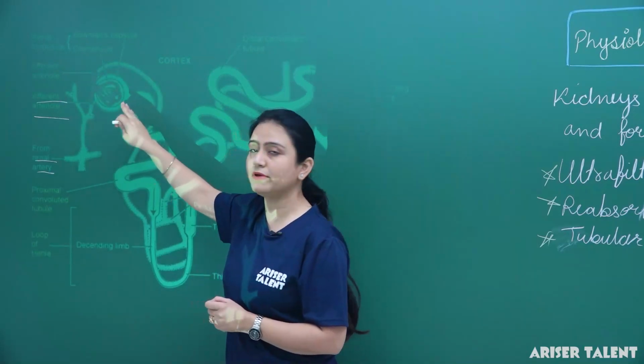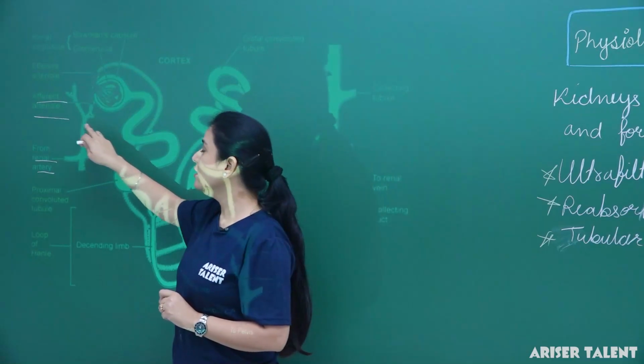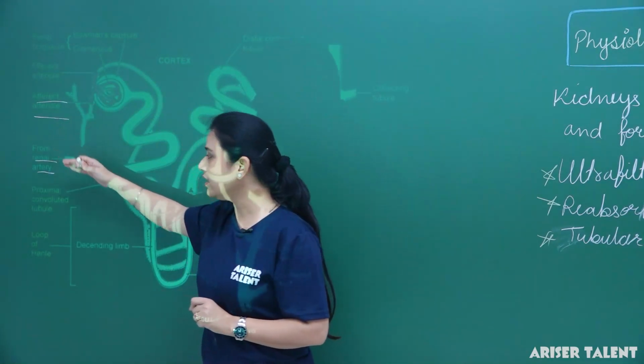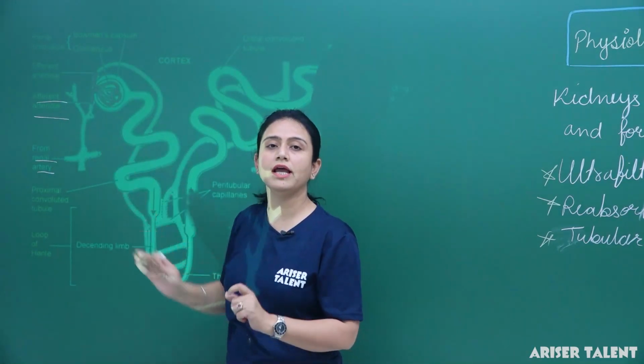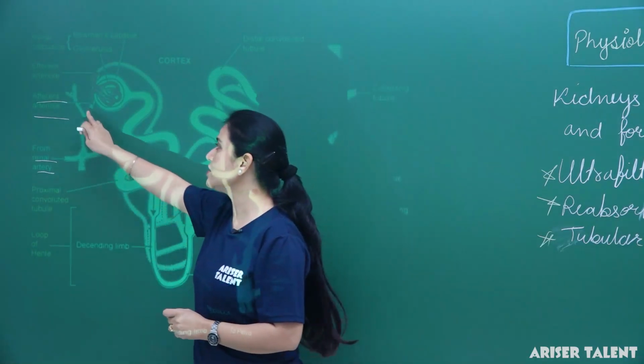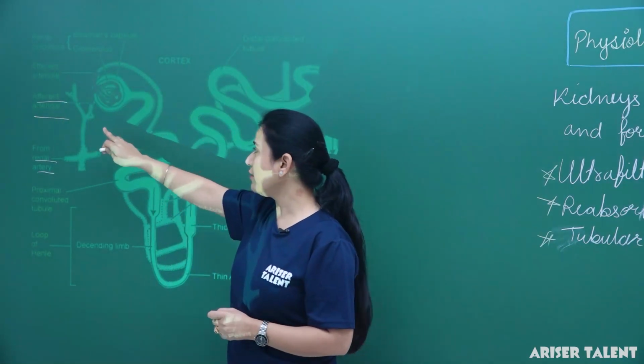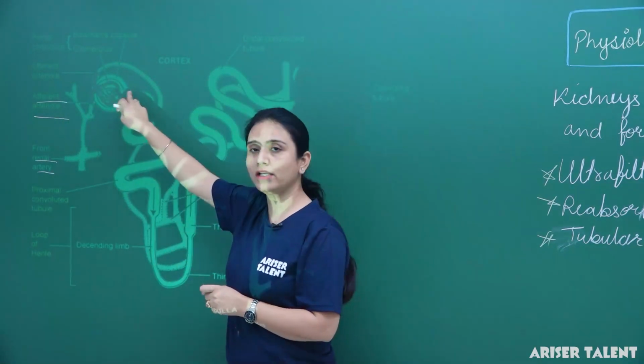This is the part of the kidney because the nephron is the structural and functional unit of the kidney. So the renal artery goes into the kidney and then divides into small numerous vessels known as afferent arterioles. These afferent arterioles bring the blood to the kidney.